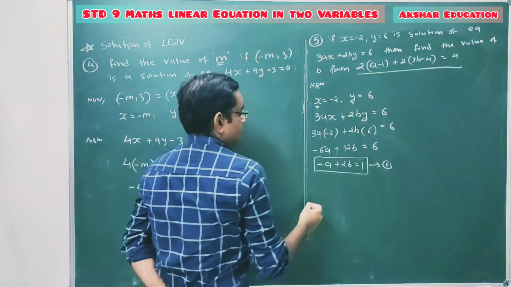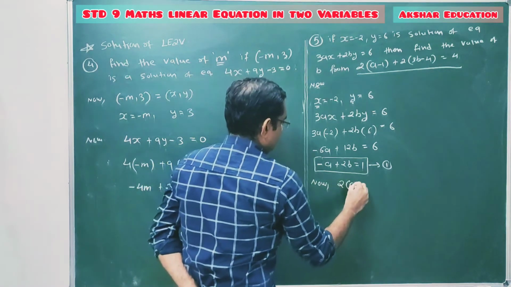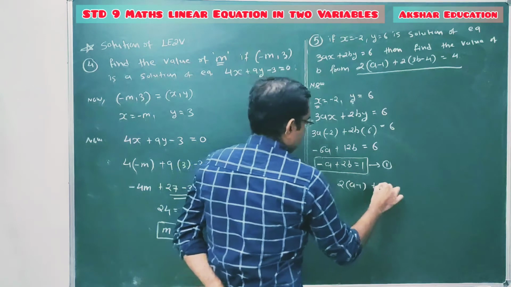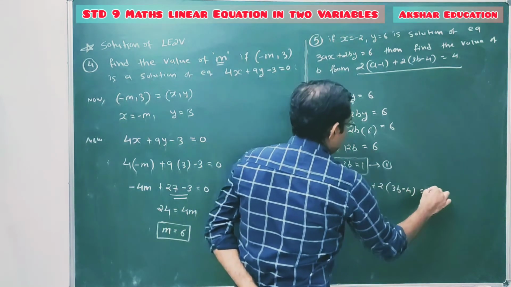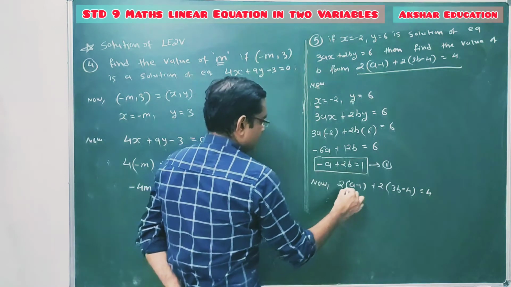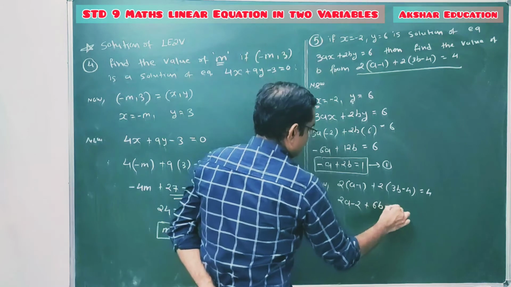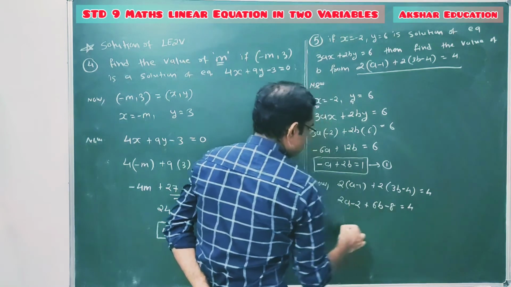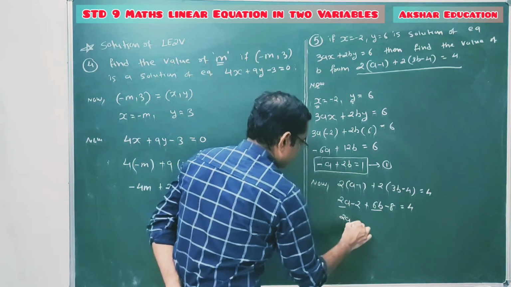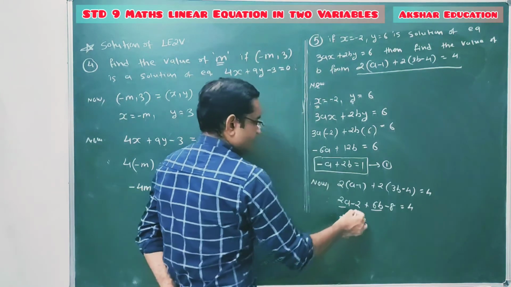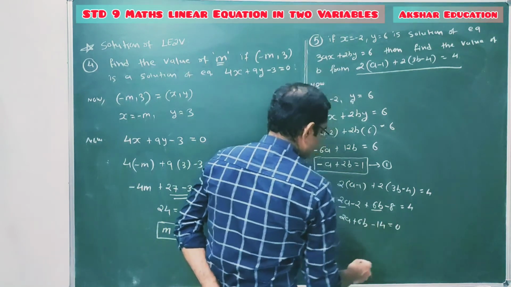So using that equation in simplified form, we are given 2 into (a minus 1) plus 2 into (3b minus 4) equal to 4. Perform expansion. It's 2a minus 2 plus 6b minus 8 equal to 4. So here we are getting the equation 2a plus 6b minus 10 minus 4, minus 14, equal to 0.